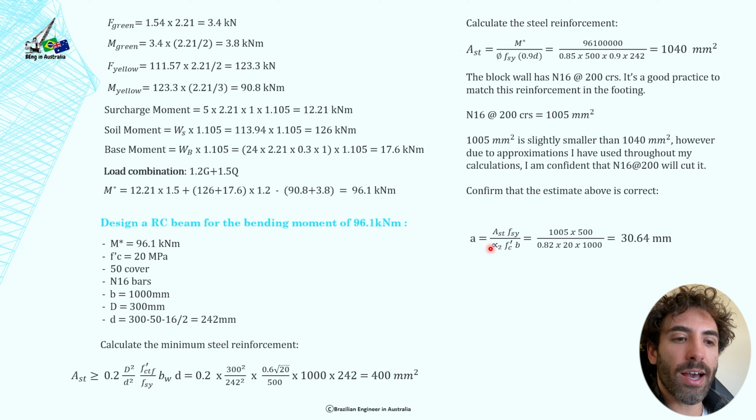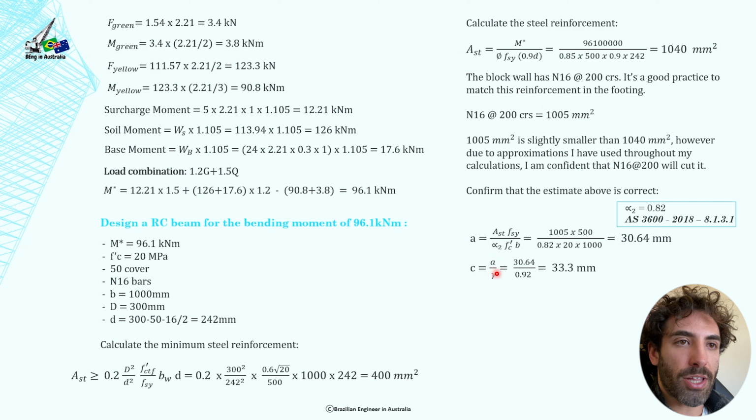So we find the depth of the rectangular stress block, which is 30.64. Alpha 2 is equal to 0.82, and you can find that in AS 3600 clause 8.1.3.1. Little c is the neutral axis depth, which is equal to a divided by this letter here. 30.64 divided by 0.92 equals 33.3 millimeters.